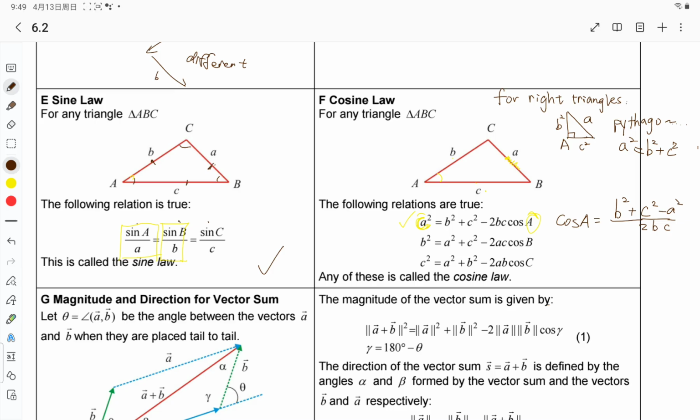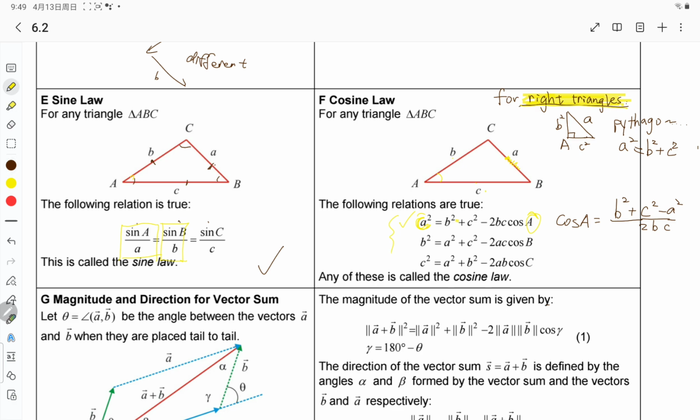This is for the right triangle, but these are for general triangles, okay?